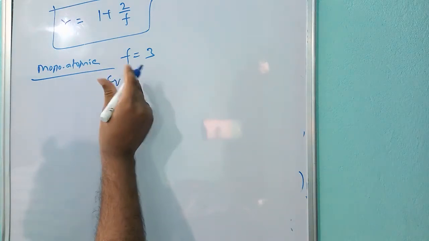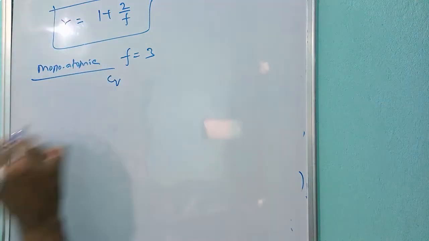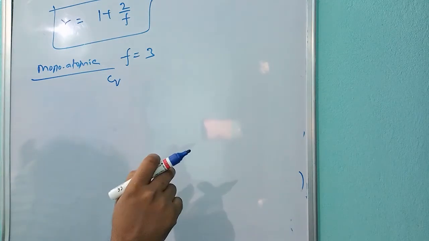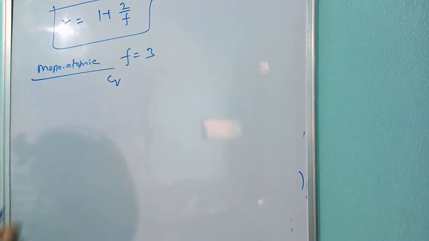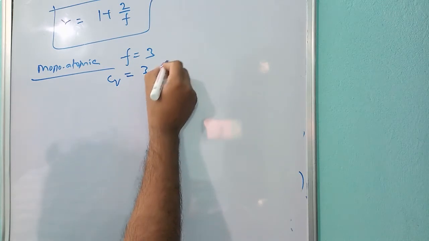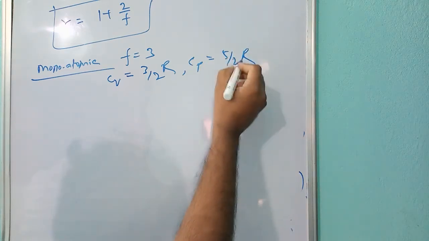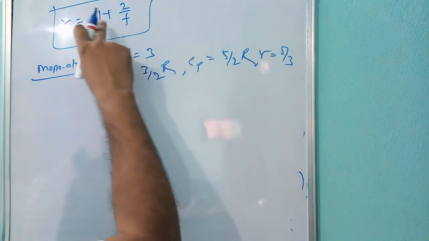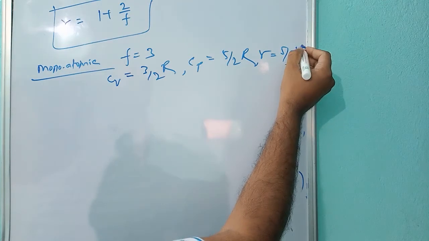In the previous derivation I derived Cv, Cp and gamma, so we just have to put the value of f in those equations, and you will get Cv, Cp and gamma. So we got Cv equal to 3/2 R, Cp equal to 5/2 R and gamma equal to 5/3, which is 1.67.